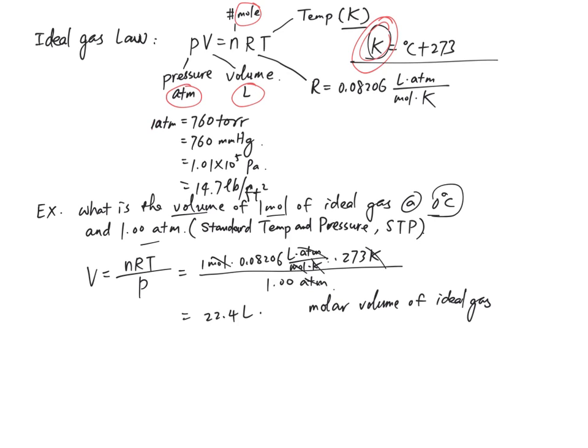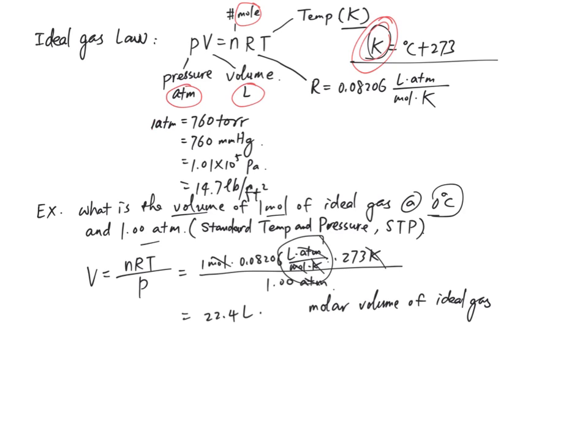All you need to do is rearrange the equation, plug and chug, and make sure you convert the conditions into the conditions in your ideal gas constant: liter for volume, atm for pressure, Kelvin for temperature, and then you're all set. Okay, so that's easy.